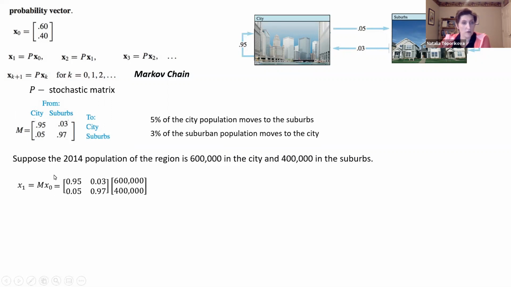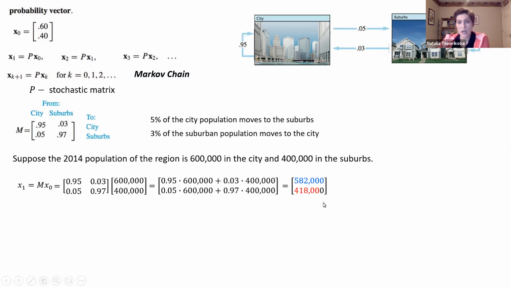So we write down our matrix explicitly, put the population in the vector X0, and perform a simple matrix calculation and end up with the vector X1, the population in 2015, which has two components. The first component, 582,000, represents the predicted or projected city population in the year 2015. The second component will have a projection for the suburban population in 2015.